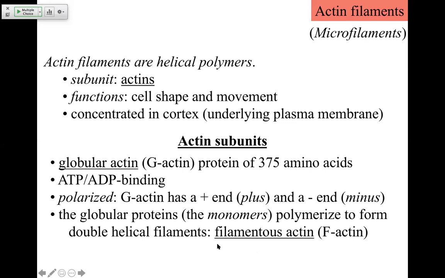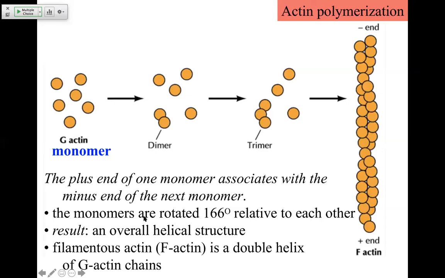And so this polymer of actin monomers we call F-actin or filamentous actin to distinguish it from the subunits. So the individual polypeptides are called G-actin. When they're assembled into filaments, we call them F-actin.